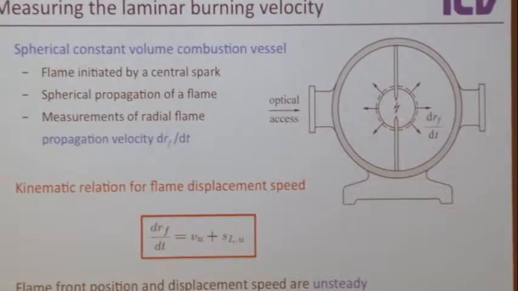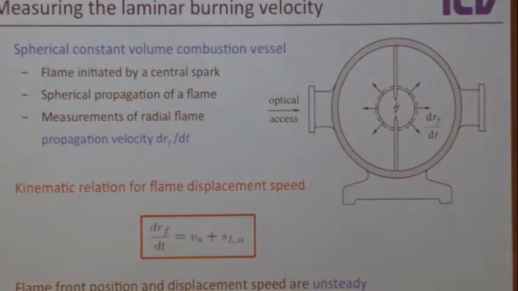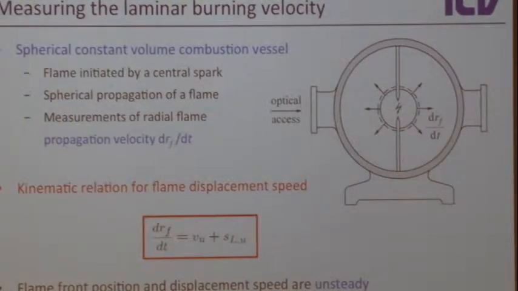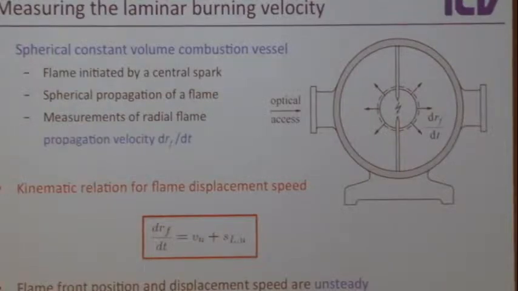So you spark it here in the center. You initiate a flame, and the flame then moves spherically outwards. And then here you have observation windows, and then you look at how this flame moves.